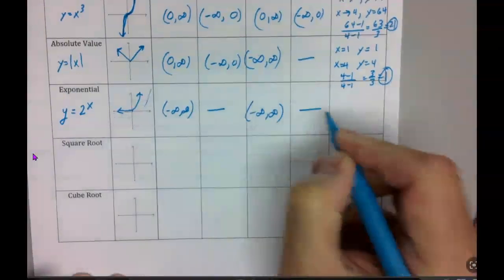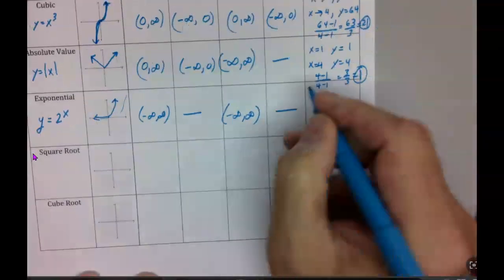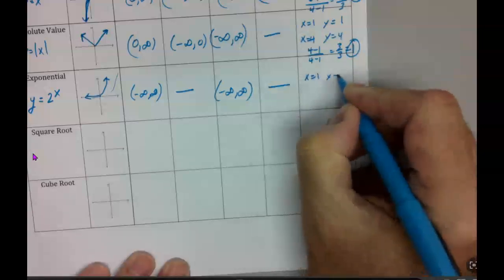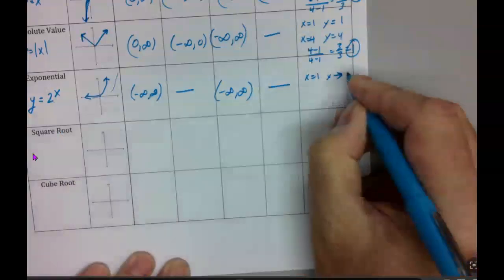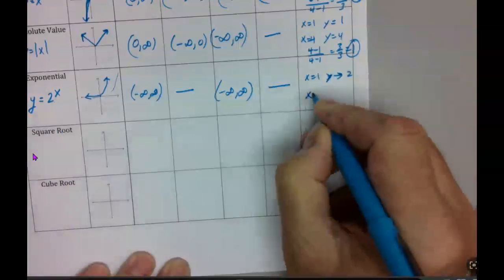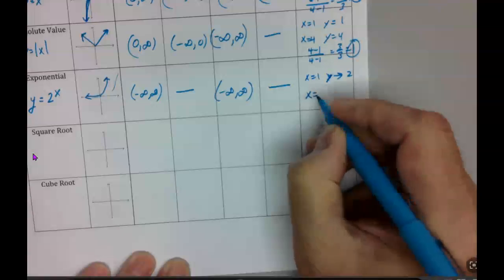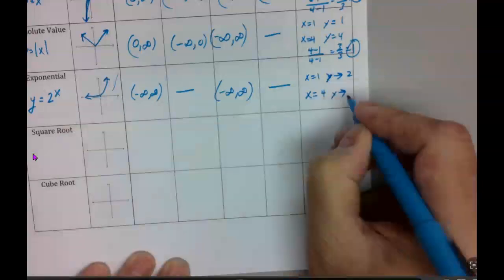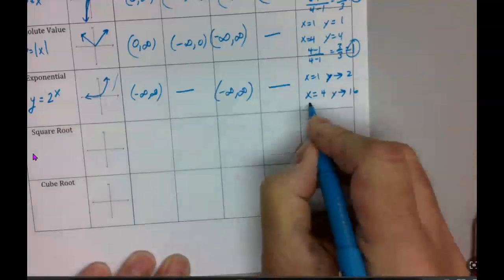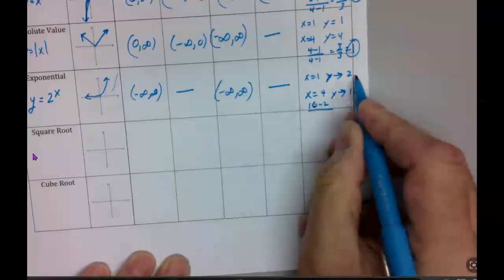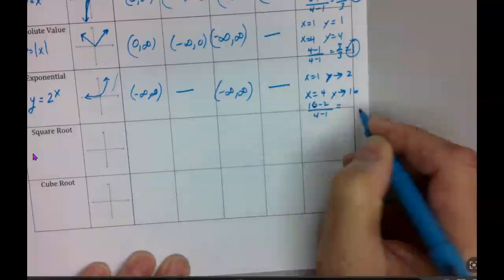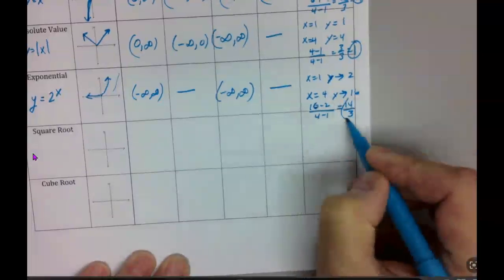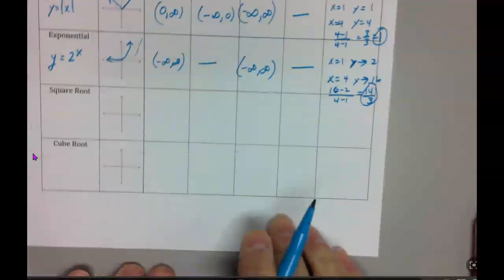It's never negative, and for the average rate of change, when x is 1, y is 2 to the first, which gives me 2. Then when x is, let's use 4, y would be 2 to the fourth, which is 16. So my rate of change would be 16 minus 2 over 4 minus 1, which would be 14 thirds. So there's my rate of change for the exponential, 14 over 3.